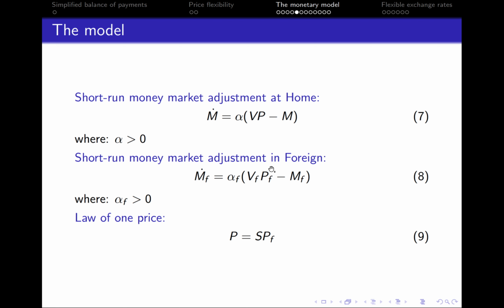So we are assuming that the price of this good in our country is equal to exchange rate times price in the foreign currency. As we remember, S represents how many units of our currency we need to pay for 1 unit of foreign currency. So basically, due to putting the exchange rate over here, we see that we have prices expressed in the same currency on both sides of the equation.